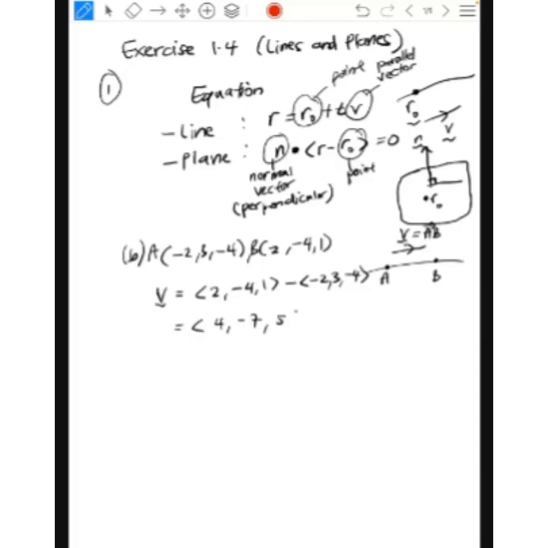Then you can already find the equation of the line. Let's say I use -2, 3, -4 as my point, plus tv.